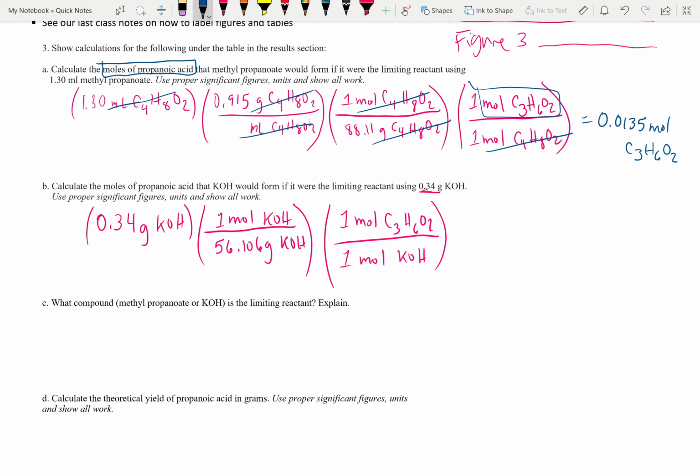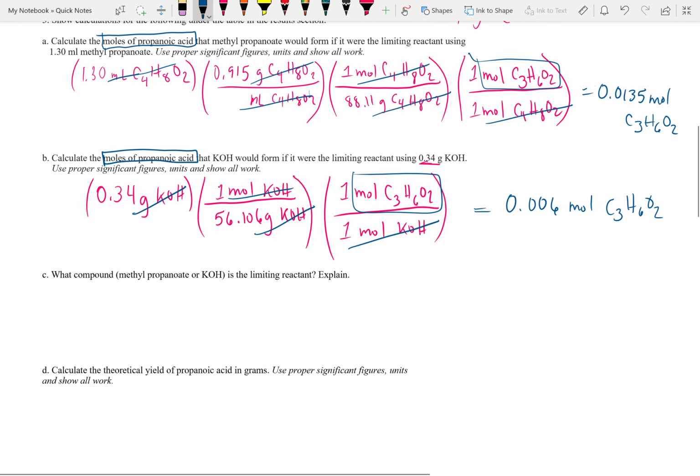So things will cancel out again. Grams of KOH cancel out. Moles of KOH cancel out. We're left with moles of propanoic acid, right? And that's our moles of propanoic acid. So if you do the math, or if you just copy my answers, you will get 0.006 moles of C3H6O2.